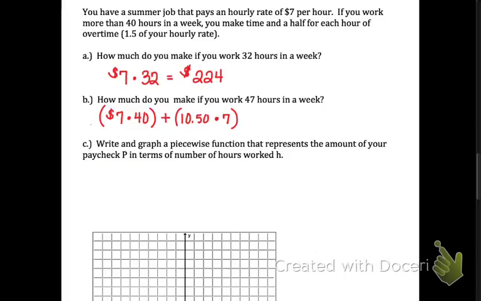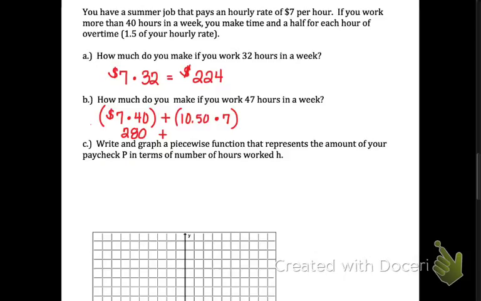Okay, so again, the first quantity there is my normal hourly rate times the 40 hours of normal time that I worked, plus the second quantity, which is $10.50, that's my overtime rate, times only 7, because 7 is the only amount of overtime that I worked. The other 40 hours were just normal. So this is 280 plus, oh golly, $33.50 maybe?